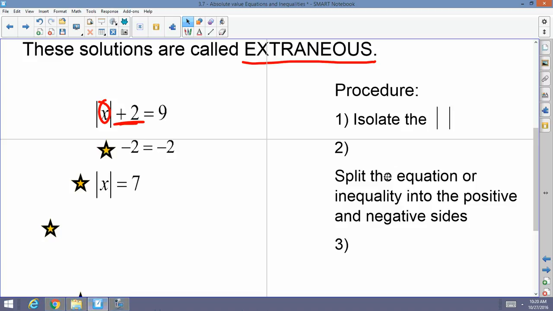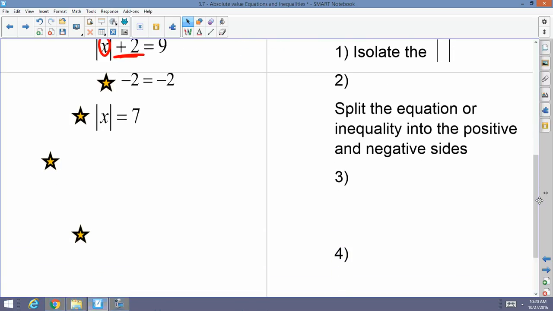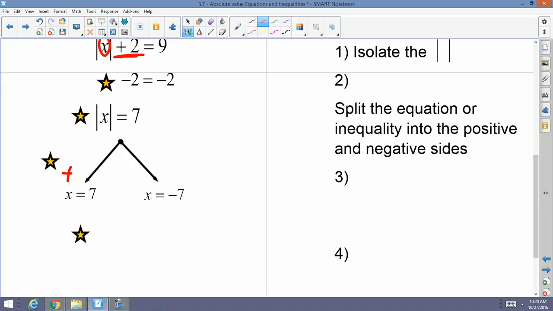Every absolute value has the potential of having a positive and a negative side. So you're literally going to split it up. You're going to have the positive side, which is the exact mirror image. It's exactly what you see, but without the absolute value sign. And then the negative side, okay, you're going to multiply the non-absolute value by a negative.